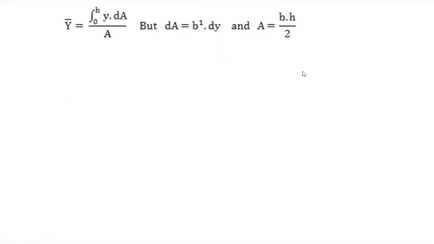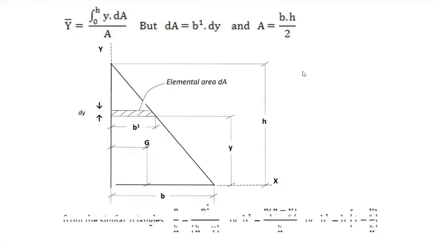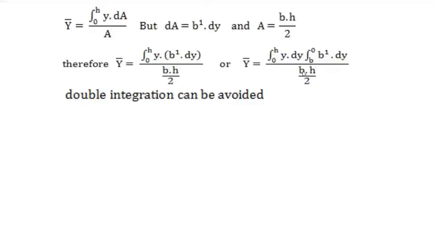So what will we get? In order to avoid this double integration, we see there are two variables, y and b1.